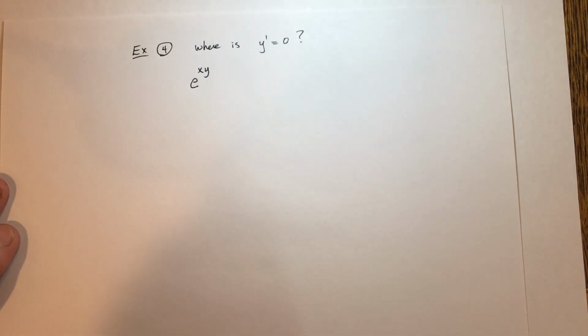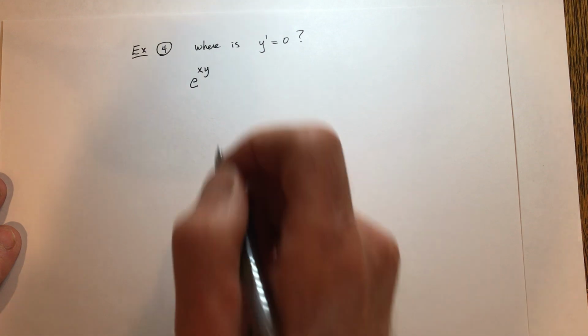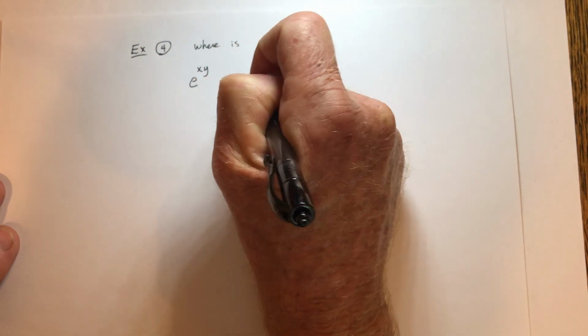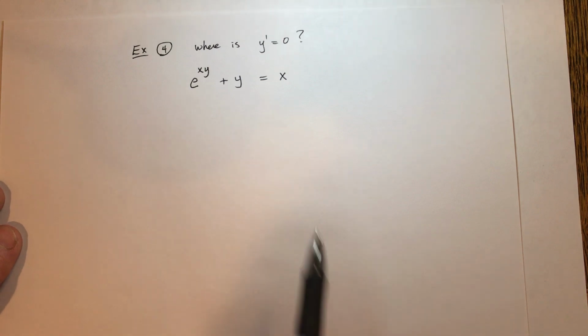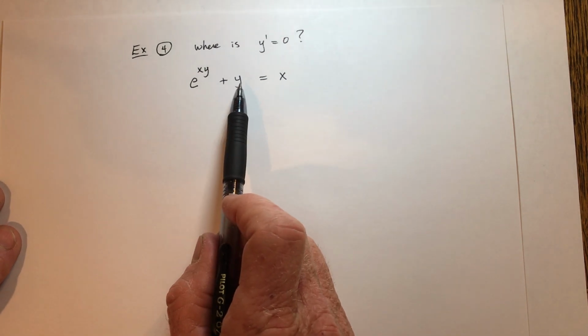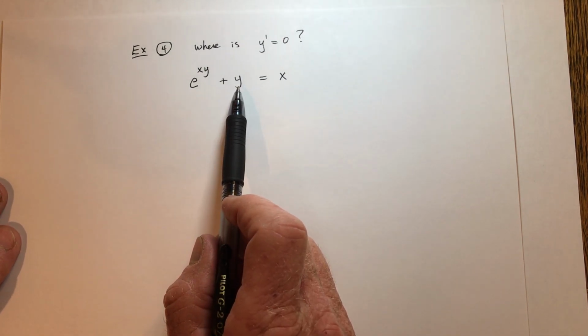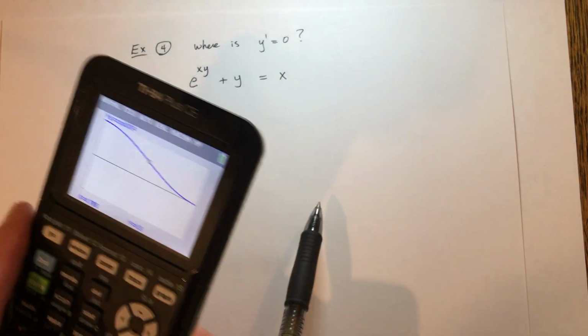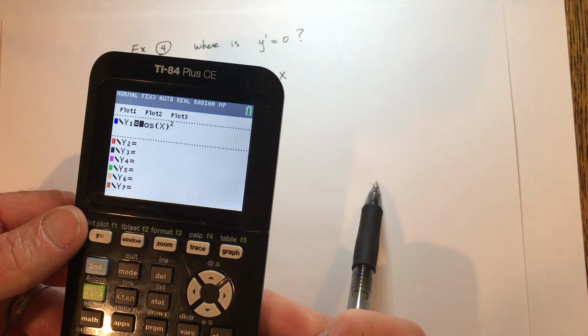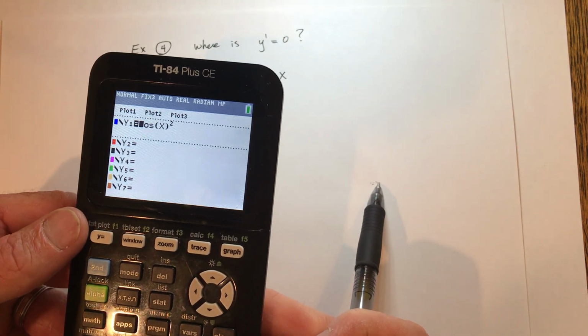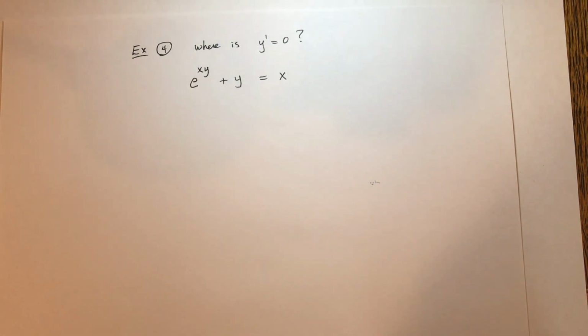We've got e raised to x times y, plus y equals x. Because this is an implicit function, in other words, I can't just solve for y, I'm not going to be able to use this calculator, because on this calculator you have to be able to put what y equals. So I'm going to have to do it without the calculator.